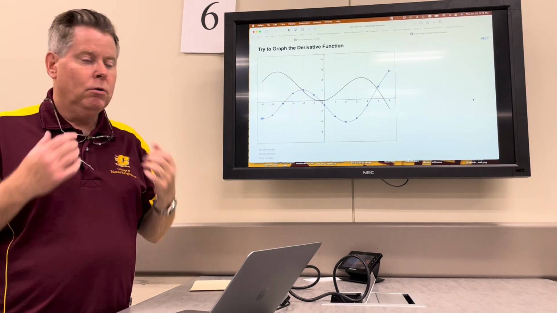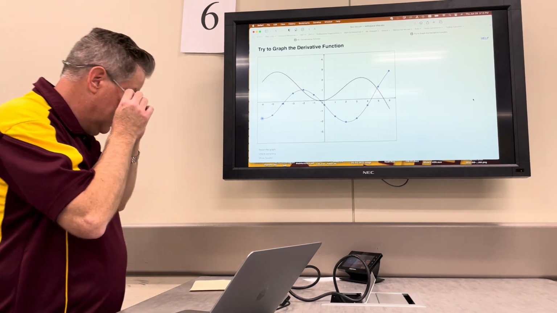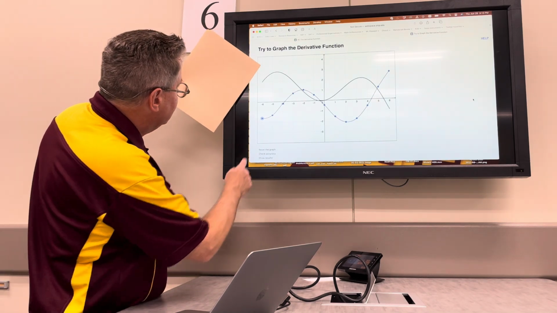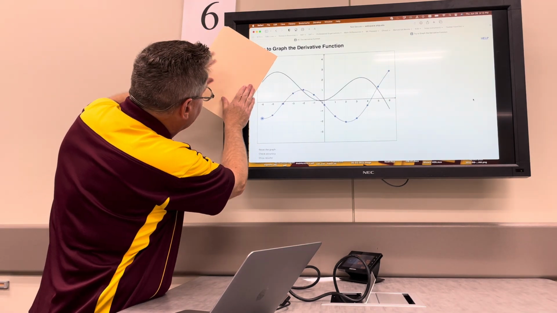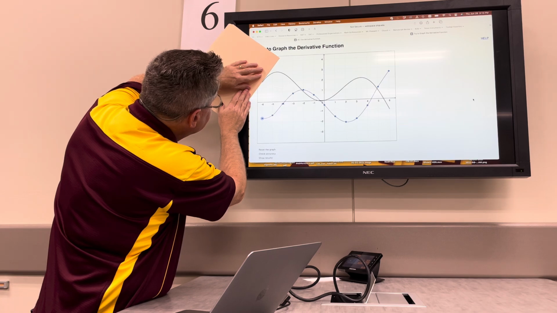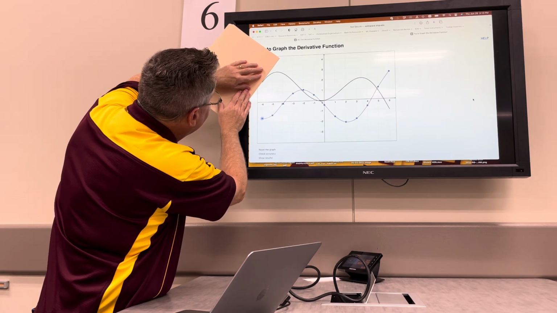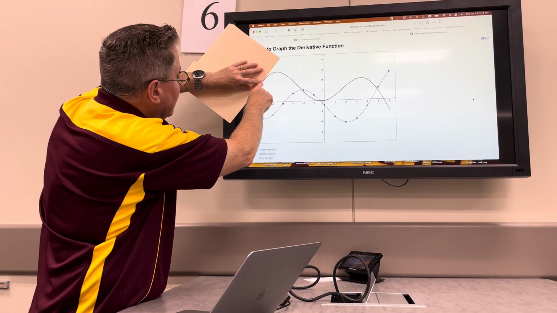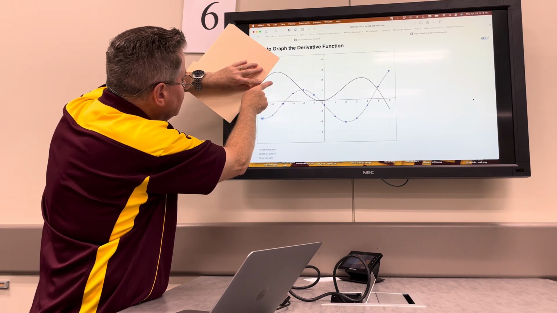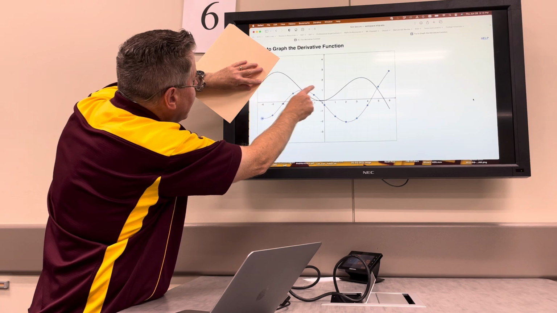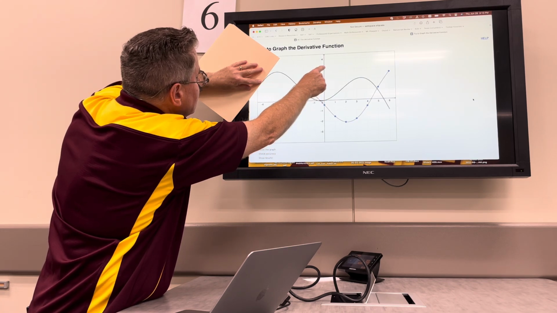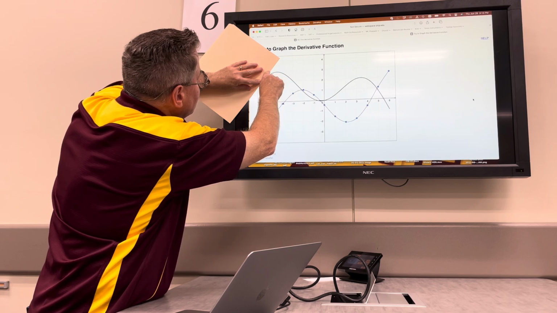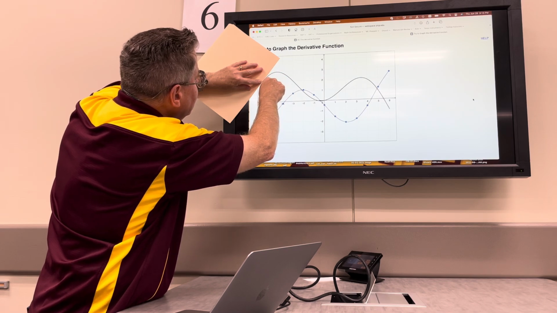So for example, what you can do is you can take a straight edge of any kind. I'm going to use just a folder here as an example. And let's say at -6, I go up here and I say, that's got a steepness of about that. Okay, and so I can look and approximate that. Here, if I go over 1 unit this way, I would guess I go up 1 and maybe a third, let's call it 1.3.